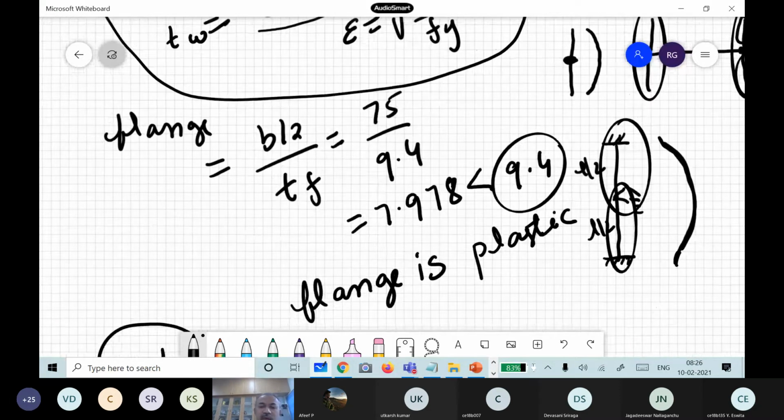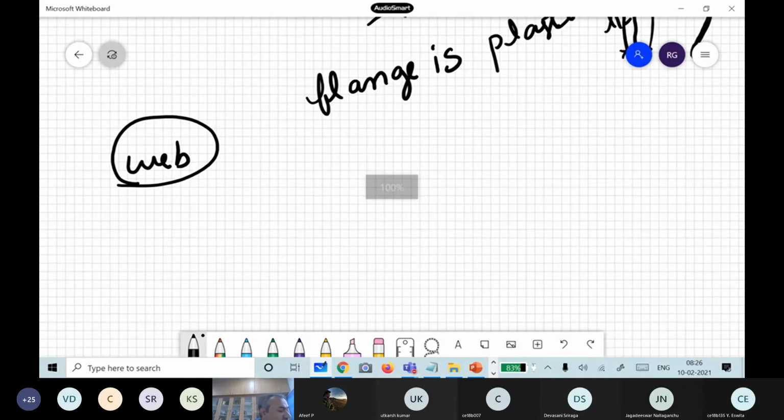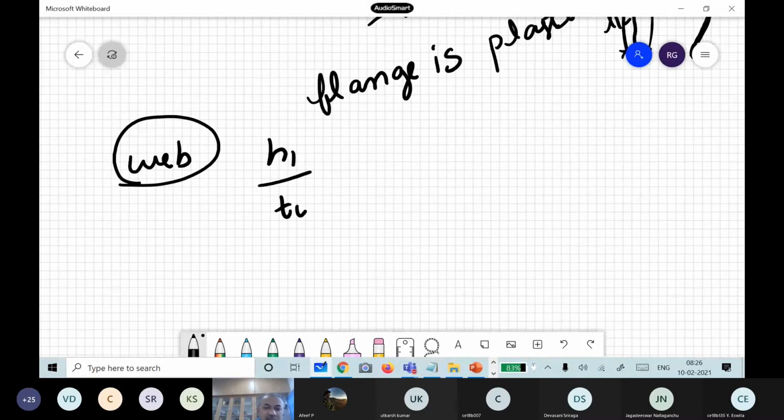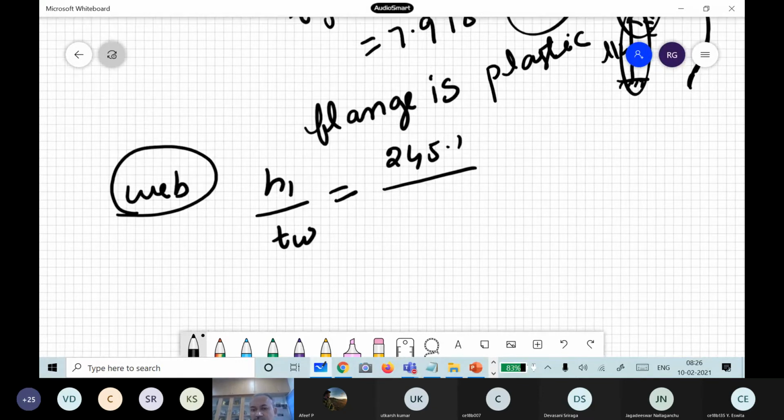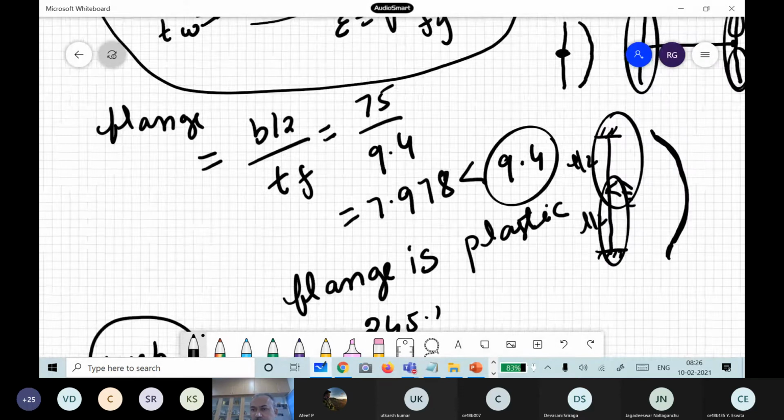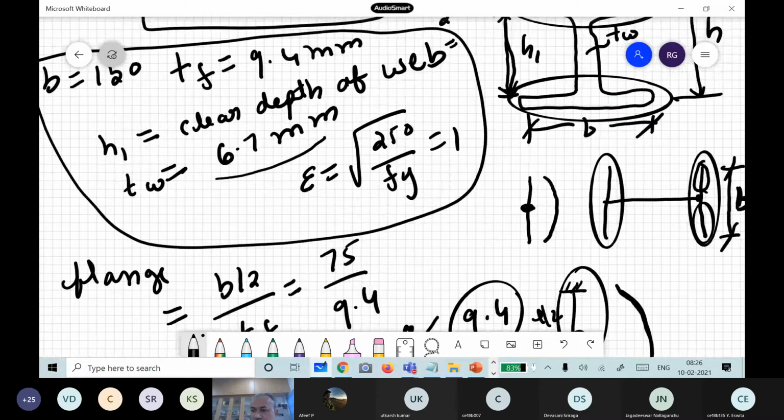So now, to calculate for our web, we take H1 by TW, the clear depth, not the total 300. For the web, do we take H1 or H1 by 2?